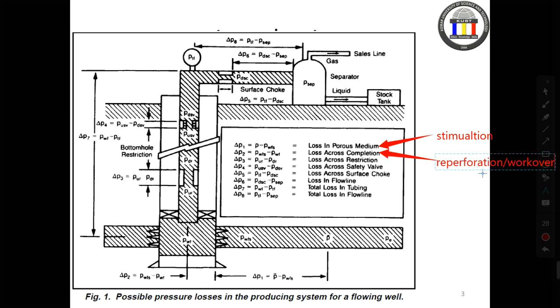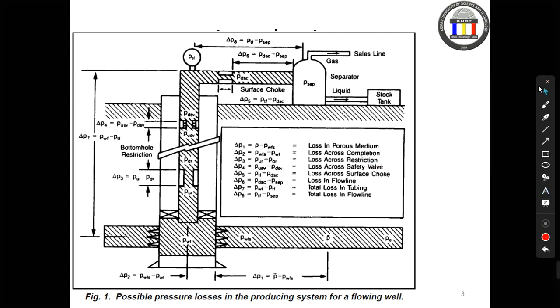These are all workover jobs. If there are restrictions here, for example in the third parameter, we go for changing the wells. It's a costly job, but we have to do it.